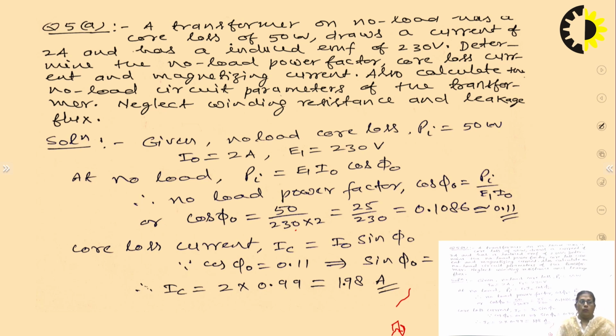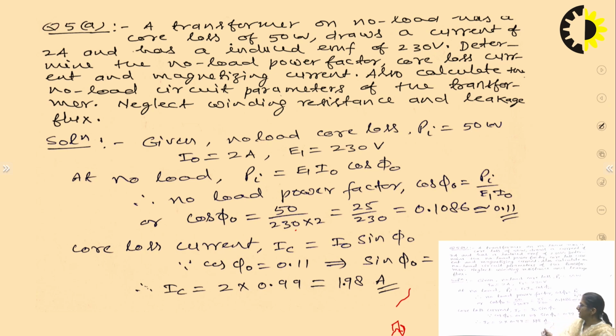Now, what is the core loss current? If we go with the no load phasor diagram of the transformer, the no load current consists of two components. One is the magnetizing current, which is responsible for establishing the flux in the core, and the other is the working component, or the core loss component.